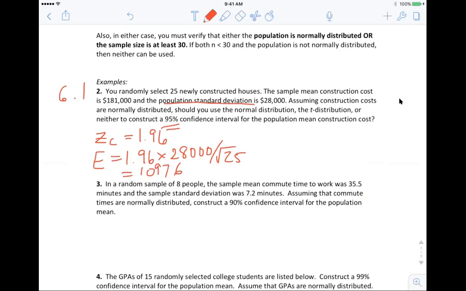And then last step, what do we do? That one number you haven't used yet, the 181,000, add and subtract that. So I'm doing 181,000. I can just maybe do this, because these numbers are so long, I'm just gonna write it. Plus or minus, that's what that is, a plus or minus, okay?